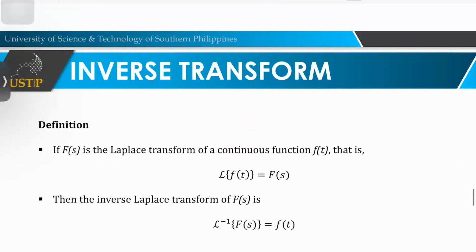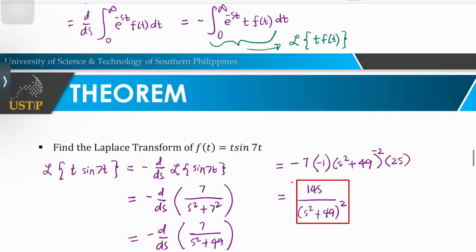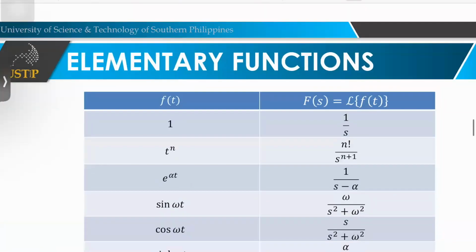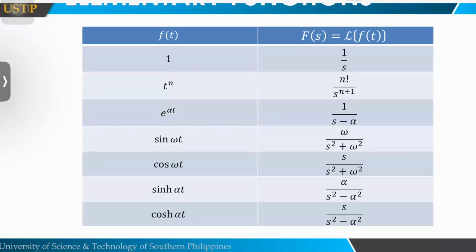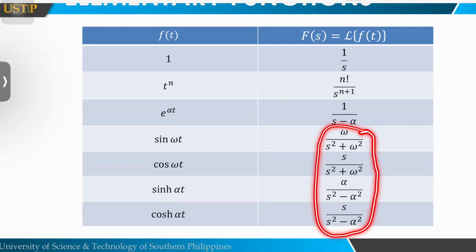So, going back to the table, we have here 1 over s plus 4. If you look at sine, cosine, hyperbolic sine, hyperbolic cosine, they all have s squared in the denominator, right?